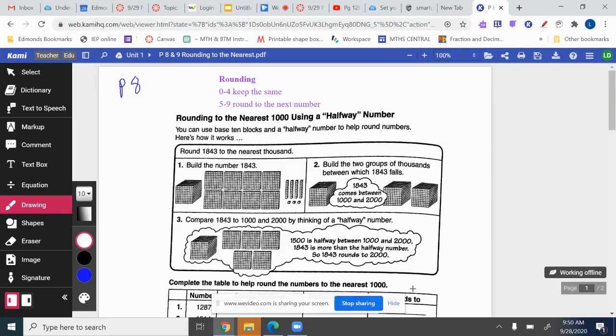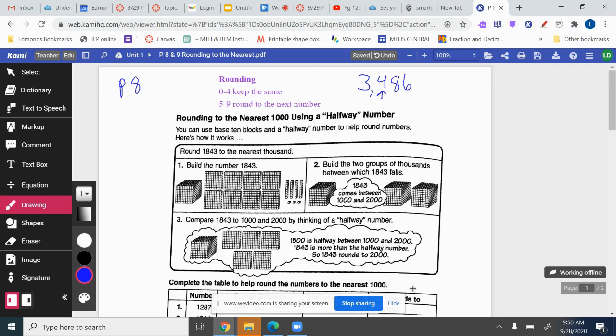Working on rounding. They're first going to talk about the halfway number, but one thing I want you to know is that when we round a number, so if I have the number 3,486, and it says to round to the nearest hundred, I'm going to point to there.